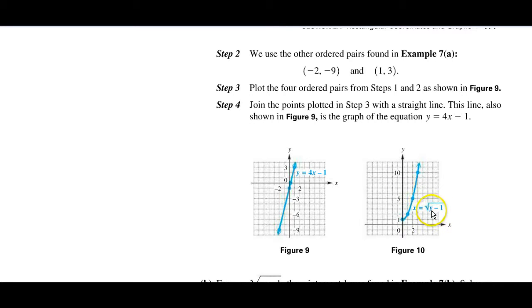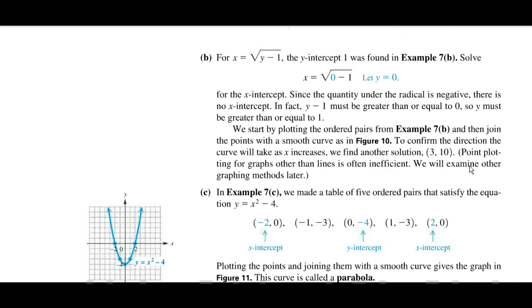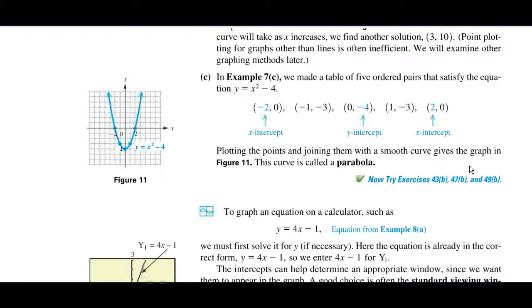Now notice this is under the radical sign a -1. So where it starts on the y-axis here is a +1. We're going to see a lot of that where it's like opposite signs. And then this one where it was a -4 parabola, and the y-intercept happens to be -4, and we see that.